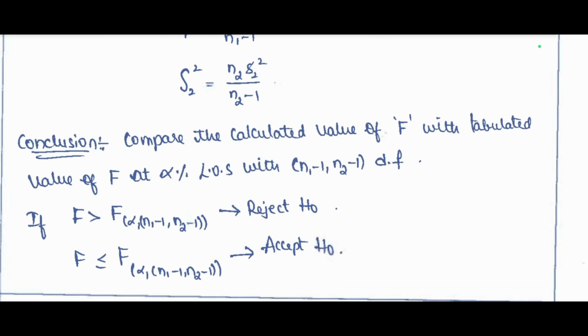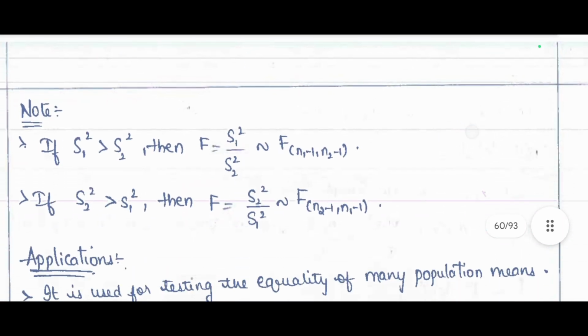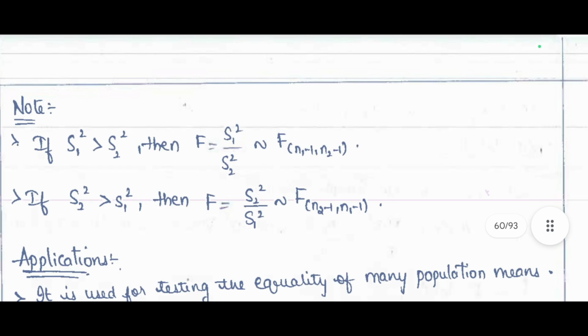If the F calculated value is greater than the F tabulated value, then we reject H naught, otherwise we accept it. A very important note on the F distribution: if capital S1 square is greater than or equal to S2 square, then F calculated is S1 square divided by S2 square, which follows n1 minus 1, n2 minus 1 degrees of freedom.